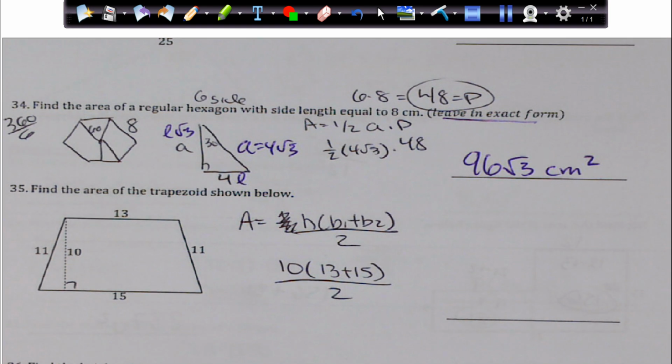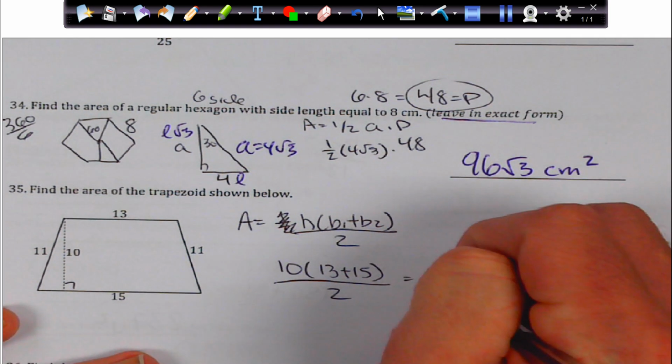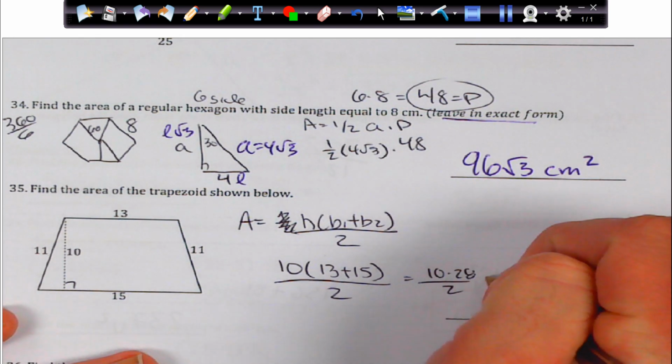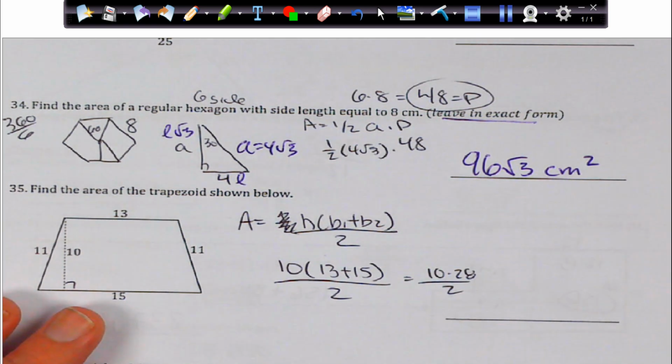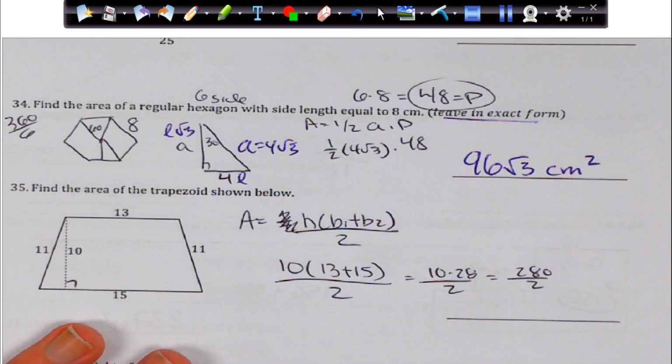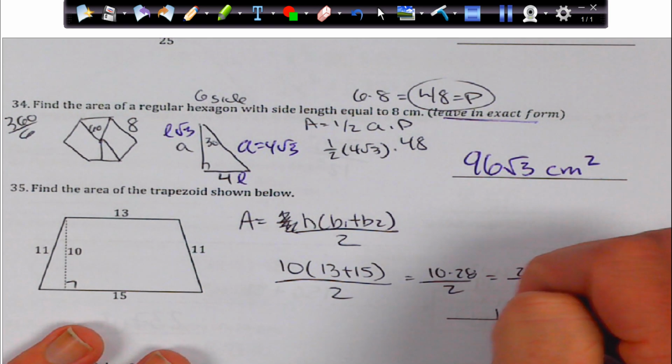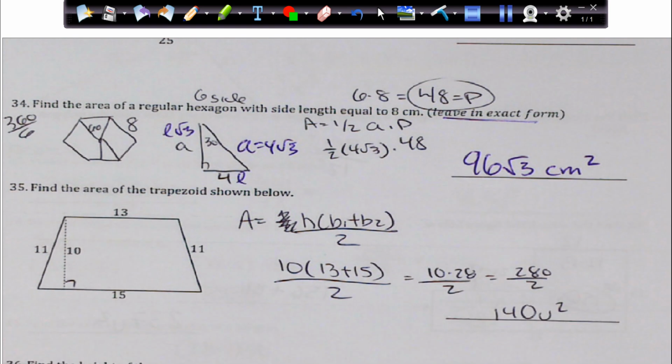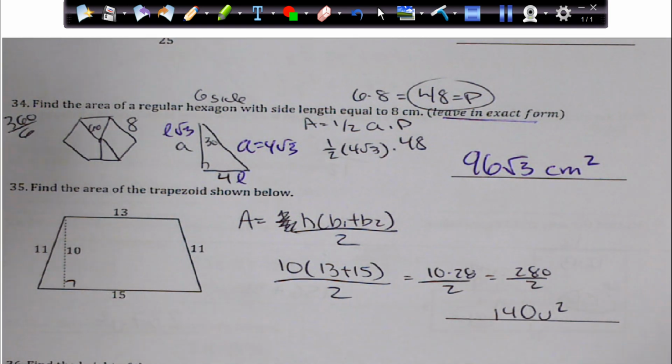So essentially, just make sure you do the 13 and 15 first. So this is going to be 10 times 28 divided by 2, and 10 times 28 is 280 divided by 2. It's going to be 140 square units. Units squared? I don't know, something like that.